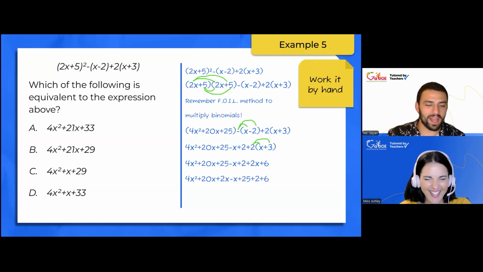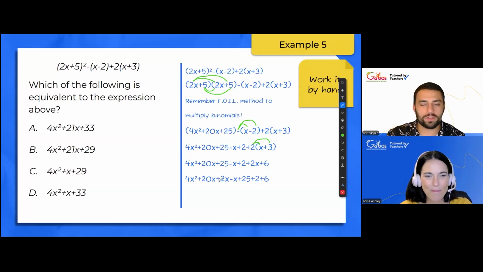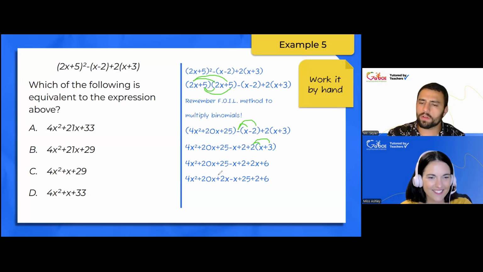Now, this next step is a little bit strange, and some students don't do it and some students do it. I'm going to take some time and put all of my like terms next to each other. Now, a like term has the same x's with the same exponents, right? The same variables with the same degrees are fancy words for it, but I have only one x squared term. Maybe I underline that.